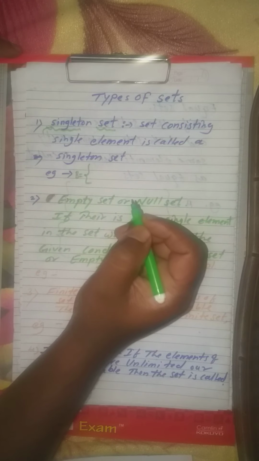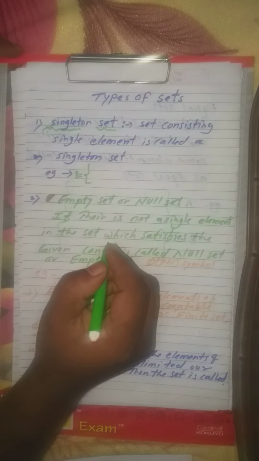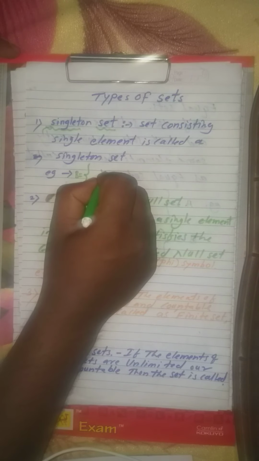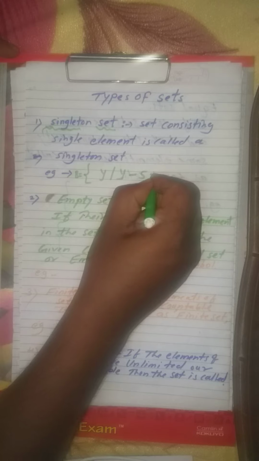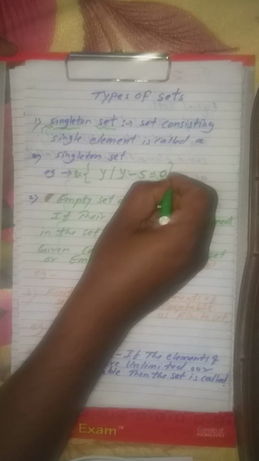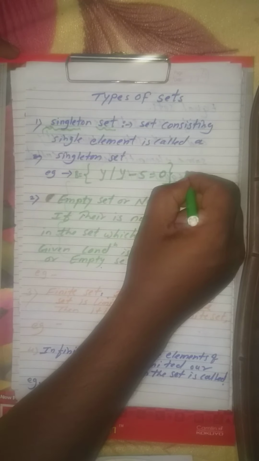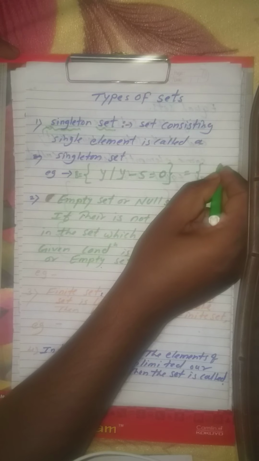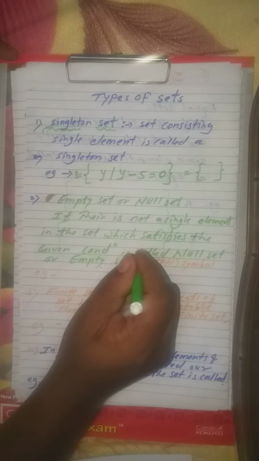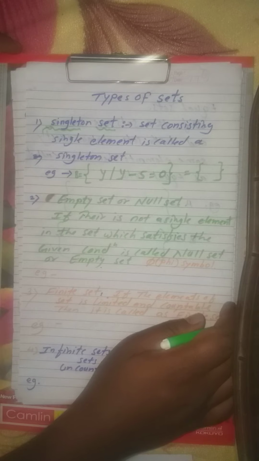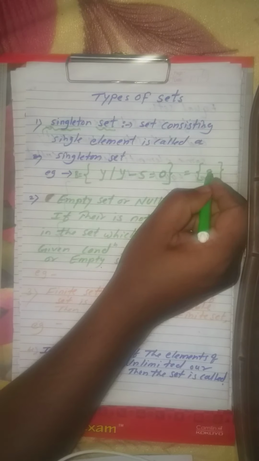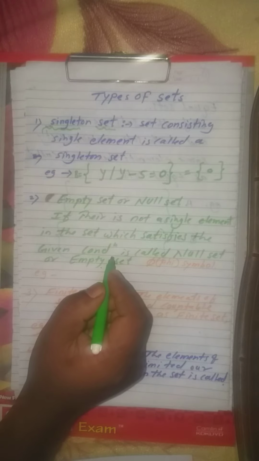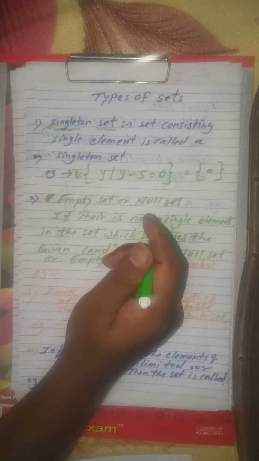For example, set B is equal to y such that y minus 5 is equal to 0. That means in the whole set there is only one element. Y should be 5, because 5 minus 5 is equal to 0.